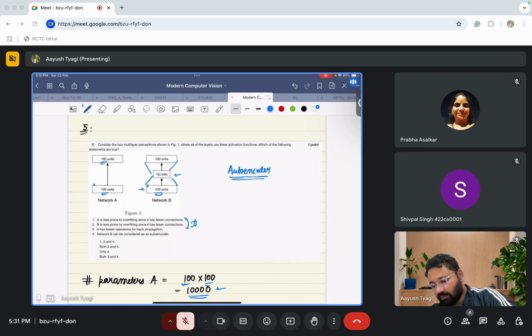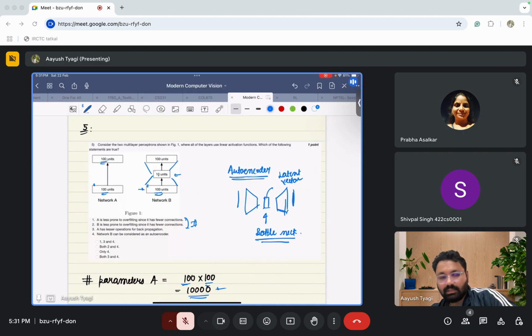So what an autoencoder does is it maps the input to the input space only, with a bottleneck layer. Sometimes we call this the latent vector, sometimes the bottleneck layer.